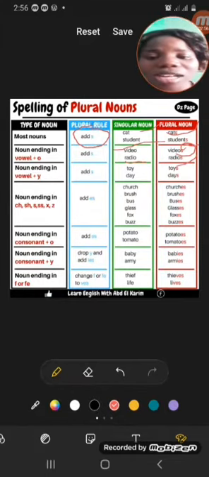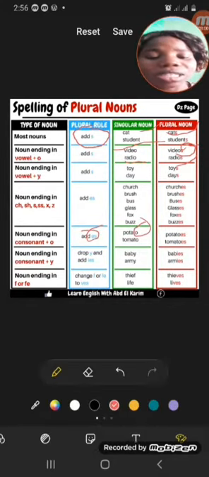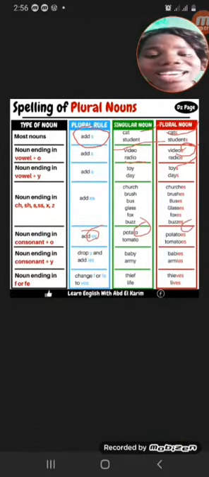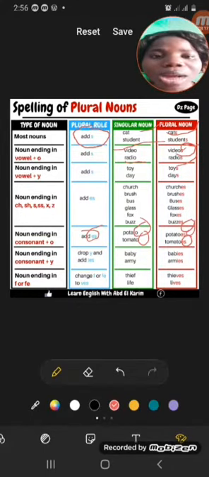Potato. So when you are making potato plural, what will you do? You will add ES. Then we have tomato. We add ES to it as well to make the plural.